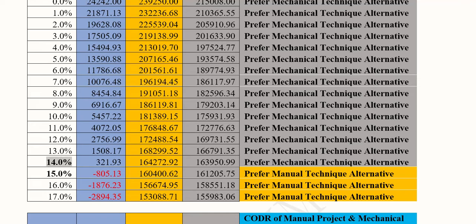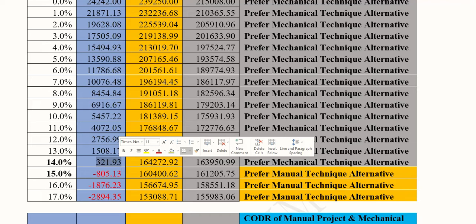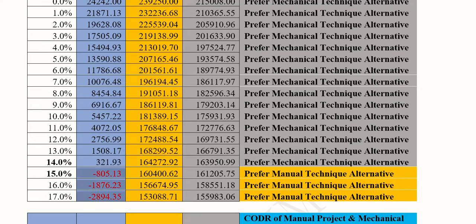And when we reached 14%, the NPV was positive, and then it turned negative at 15%, and these are the two values that we can use to interpolate and find the crossover discount rate, because till 14% the NPV of the differential stream is positive, but then it turns negative. So the crossover discount rate is somewhere between 14 and 15%.